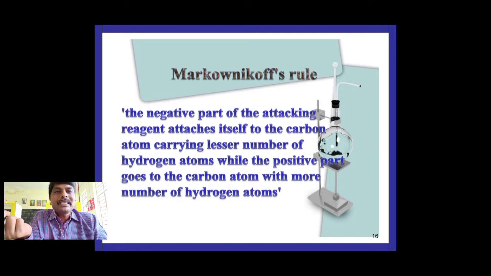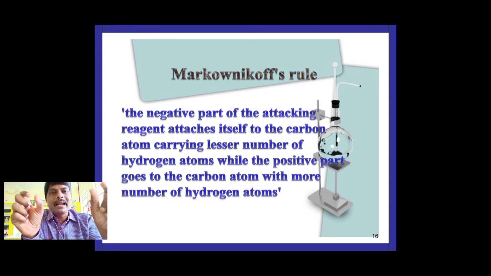Which one is major product, which one is minor product, that can be decided by Markovnikov rule. What is Markovnikov rule? When will this Markovnikov rule arise? If alkene is asymmetrical alkene, and you are adding an unsymmetrical reagent.